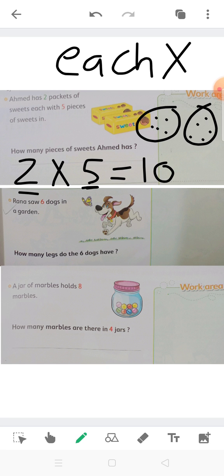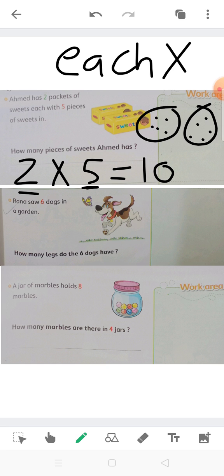Okay, let's see here. Rana saw 6 dogs in a garden. How many legs do the 6 dogs have? You see here? How many legs does each dog have? 1, 2, 3, 4. 4 legs in each dog. So my multiply sentence, this is 6.